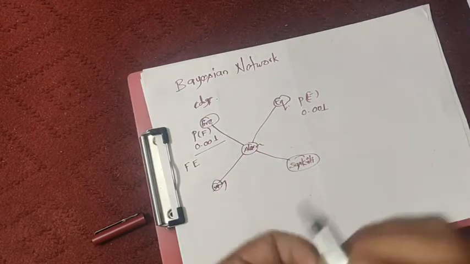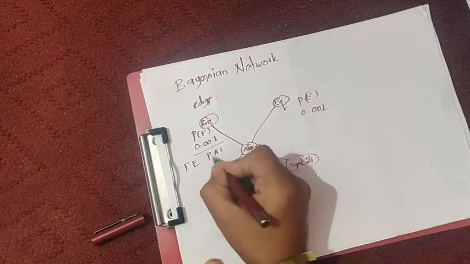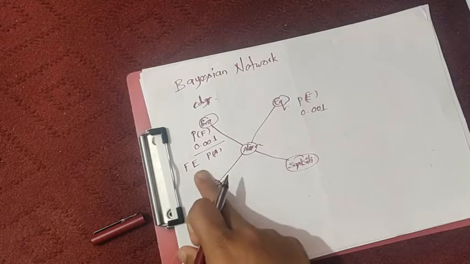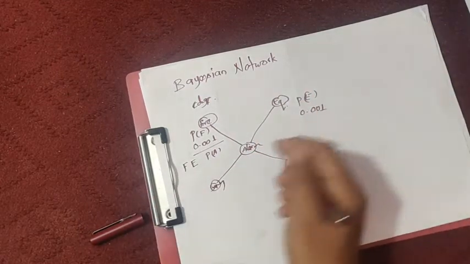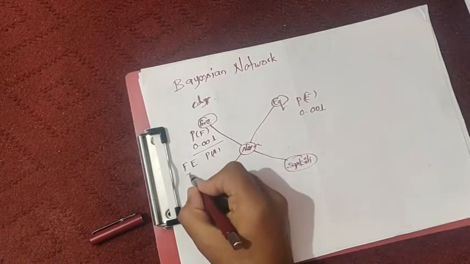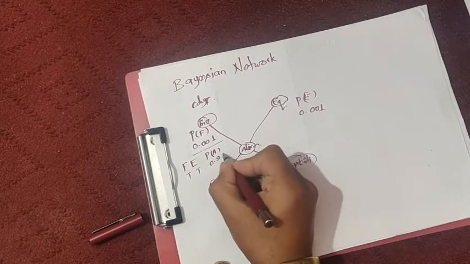We construct a dependency table. The probability of alarm: when fire and earthquake both occur, that is both true, the probability of the alarm ringing is 0.99.